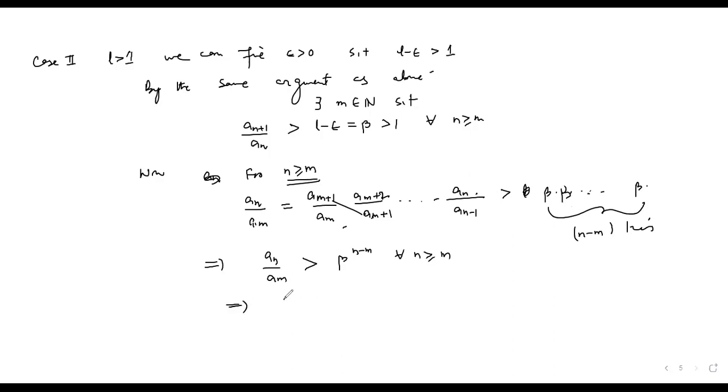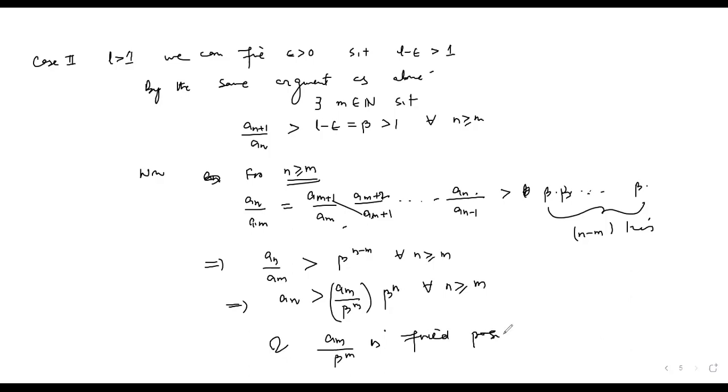As we did earlier, it means a_n is bigger than a_m divided by beta raised to power m, into beta raised to power n, for all n greater than or equal to m. And of course, a_m by beta raised to power m is a fixed positive number. Let's call it k.